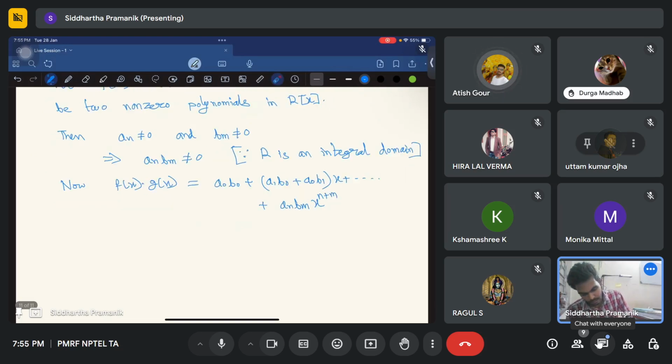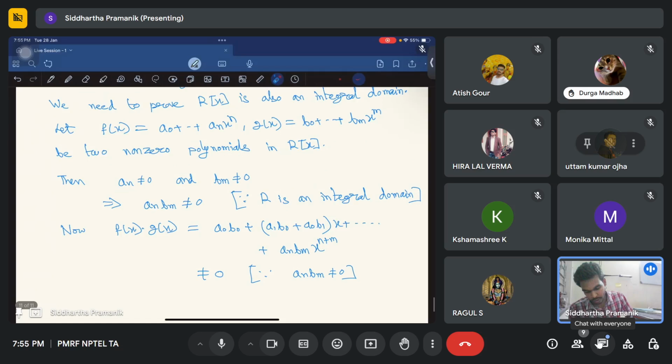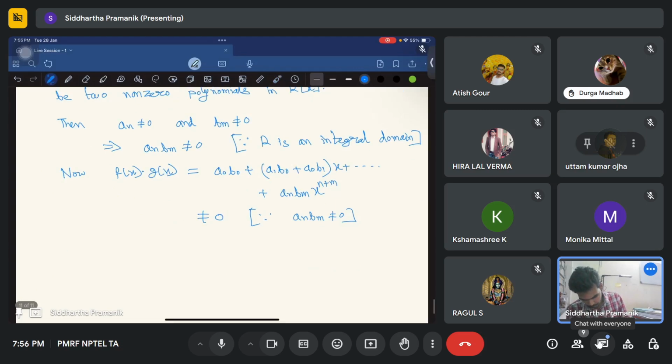And this term is non-zero, so definitely this product is non-zero. So the product of two arbitrary non-zero polynomials is non-zero. So that will imply R[x] is an integral domain.